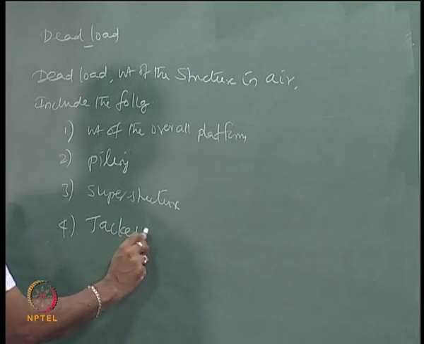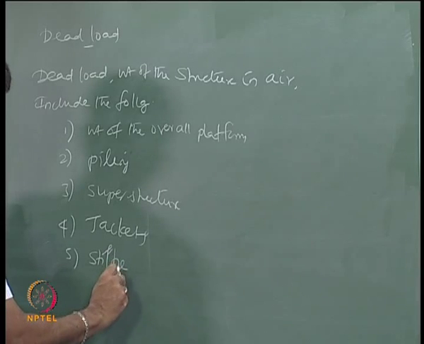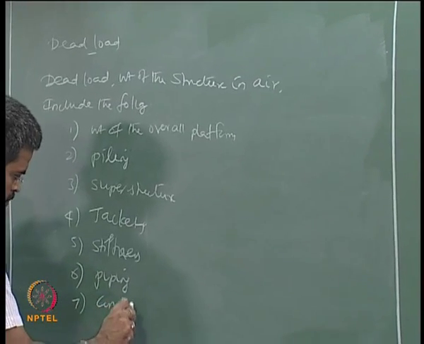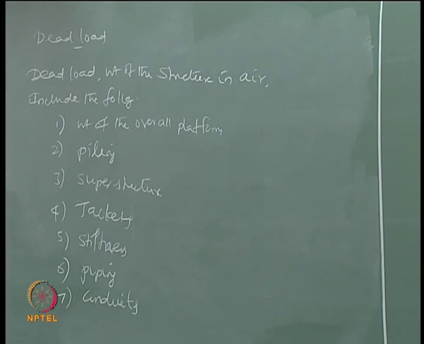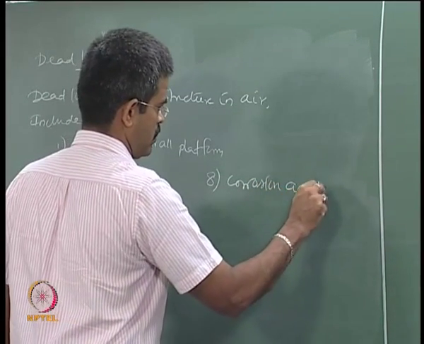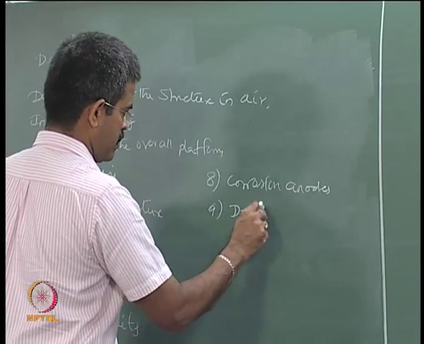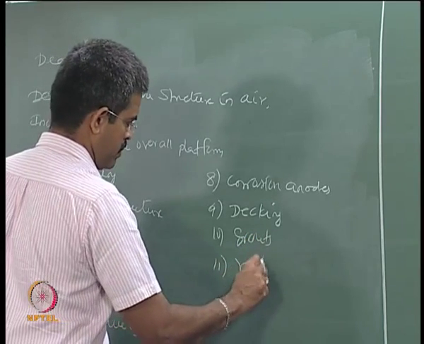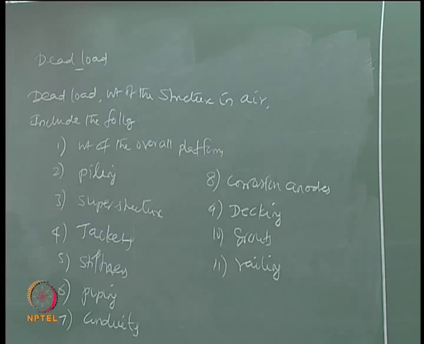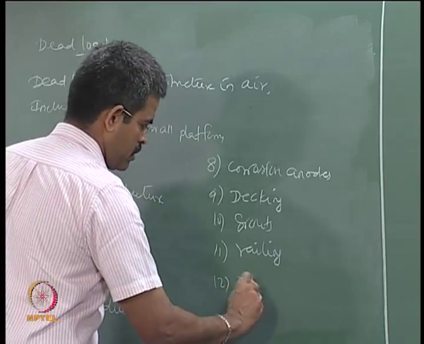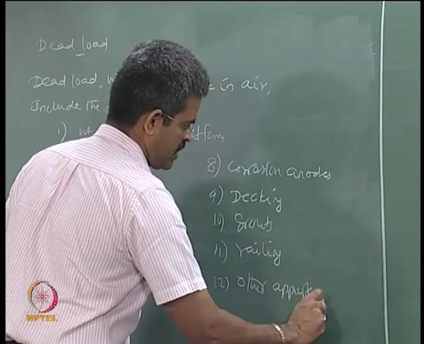Jackets, stiffeners, piping, conduits, corrosion anodes, decking, grouts, railing, and other appurtenances. Appurtenances means fittings, fixtures or fittings.